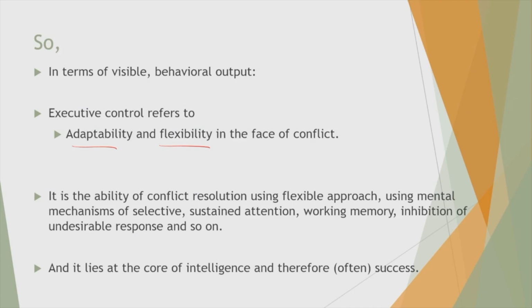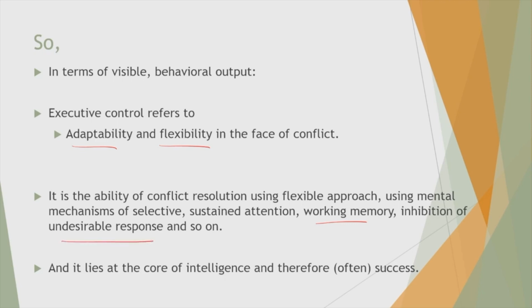It is the ability of conflict resolution using a flexible approach, using mental mechanisms of selective and sustained attention. We did talk about selective and sustained attention, which is a very, very important and crucial aspect of executive function, and of course, working memory, inhibition of undesirable responses and so on.